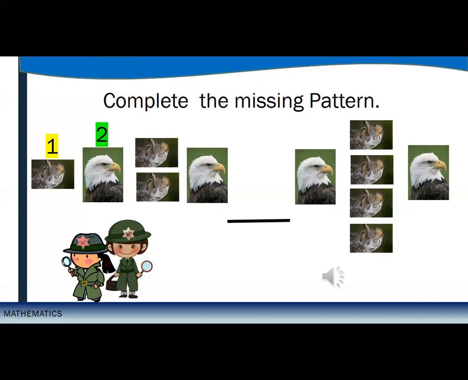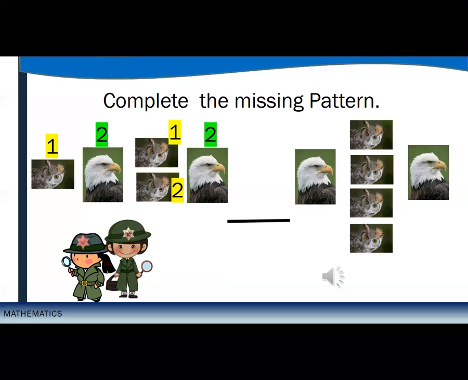So let's put in the numbers to help us identify the patterns shown and to complete the missing pattern. Next in the pattern, we see, count with me, 1, 2 owls. And that is followed by 1 eagle, which we will number 2.